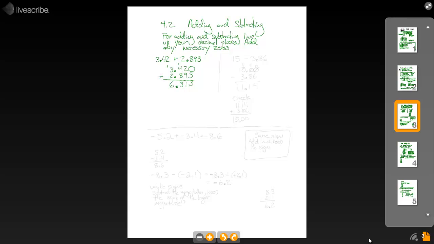Okay. And then in my second example, I'm going to take 15 and subtract from it $3.86. Taking money. How do I line up the decimals? The $15.